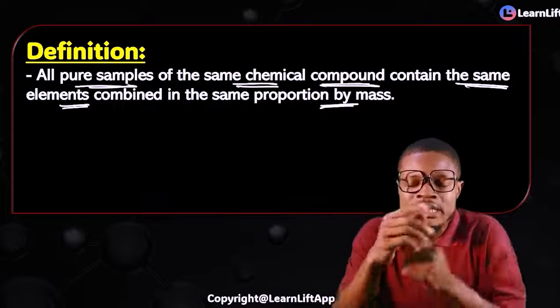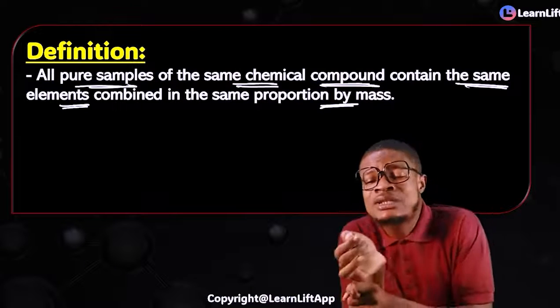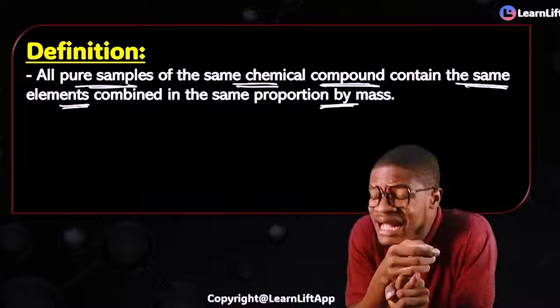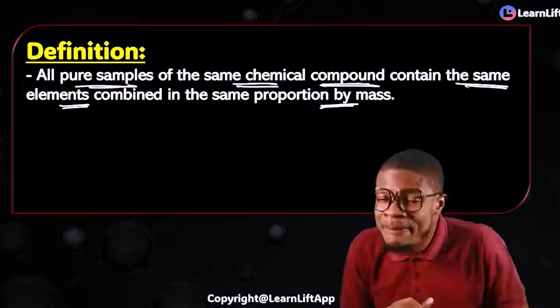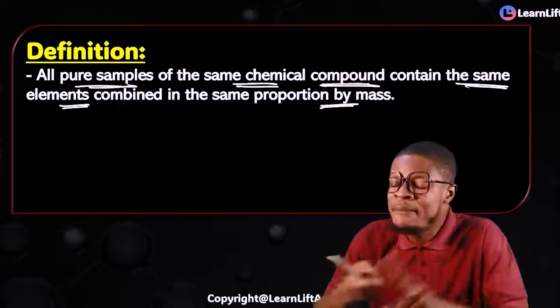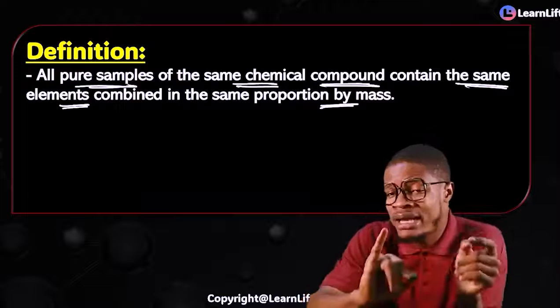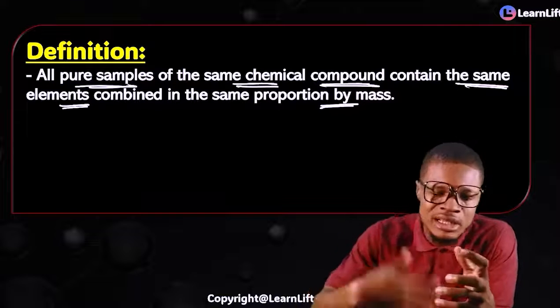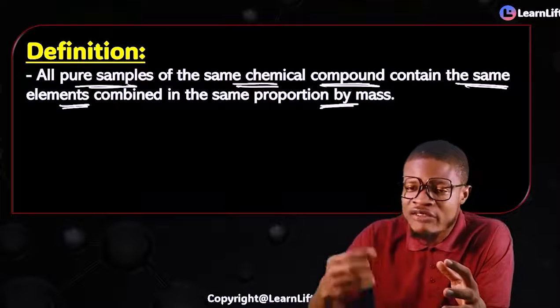What is the law of constant composition or definite proportion? It states that all pure samples of the same chemical compounds contain the same elements combined in the same proportion by mass. Vibe it with me. This is a constant exam question. What is the law of constant composition or the law of definite proportion?